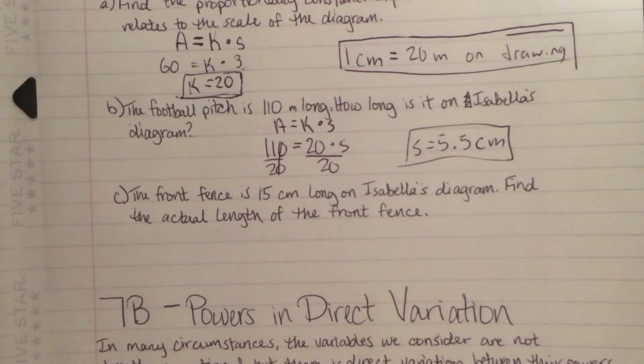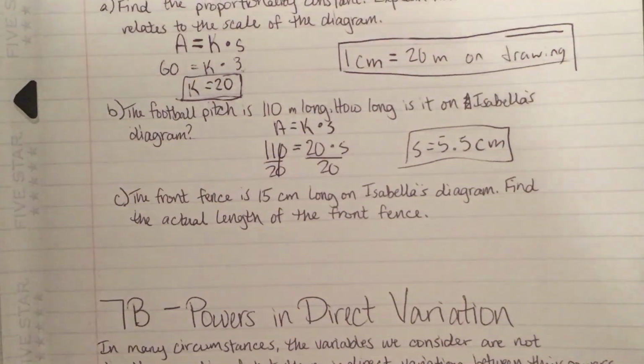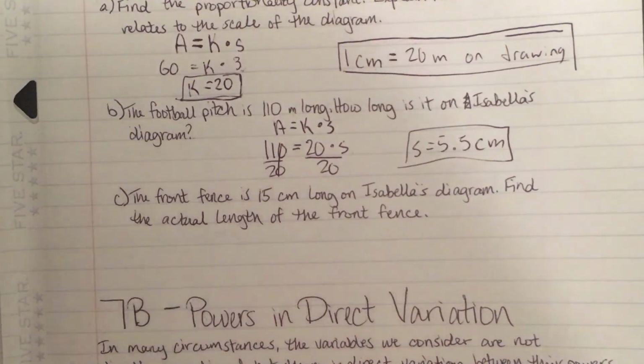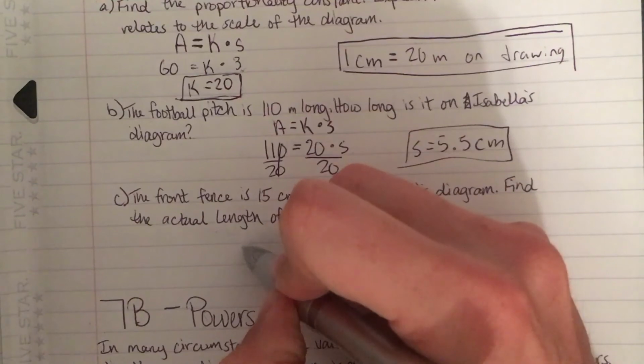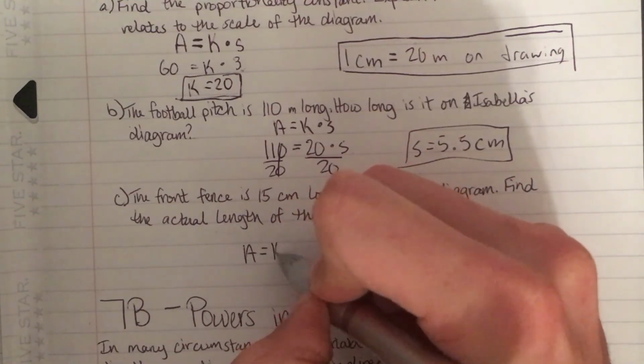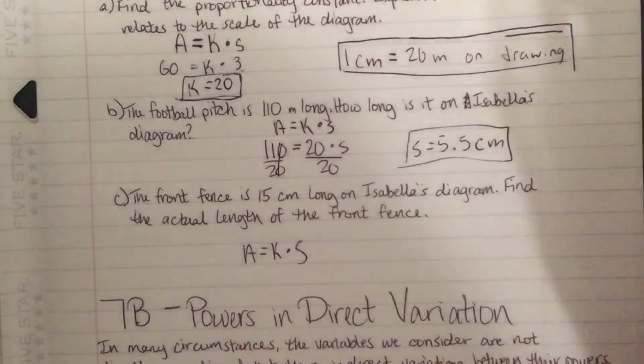And so we can also answer questions both ways with direct variation here. So if we know that the front fence is 15 centimeters long on her diagram, we want to know what the actual length of the front fence is. So we're still using this model, K times S here.